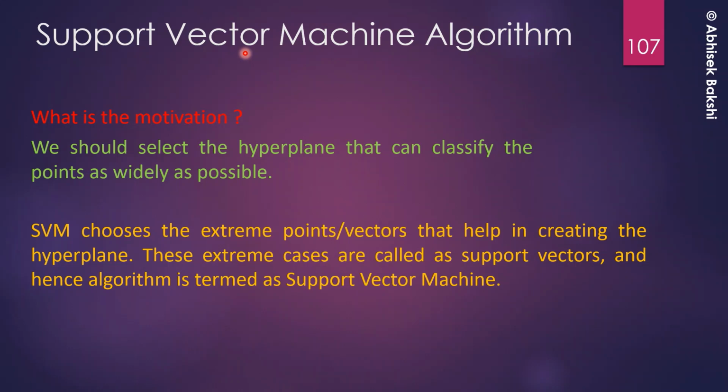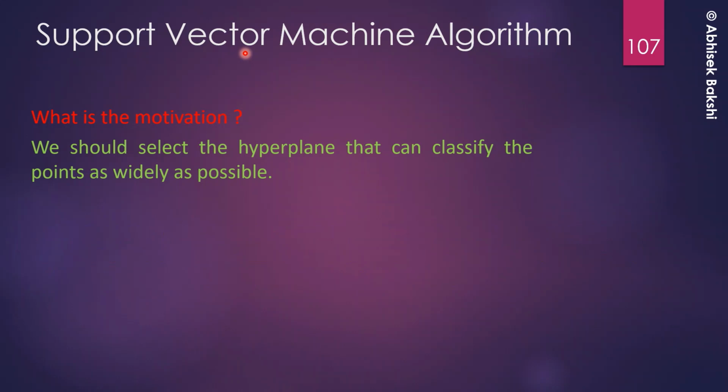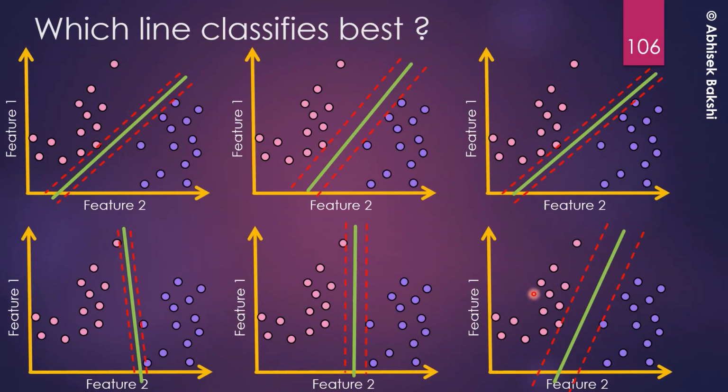For example, in the previous slide you have seen, this particular point on this side and this particular point on this side are those two vectors which create this imaginary dotted red line in such a way that no other point will be presented somewhere after this dotted line, and no other point on this side is presented before this dotted line.